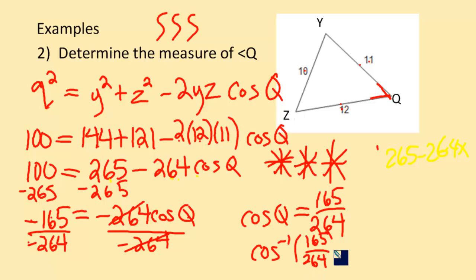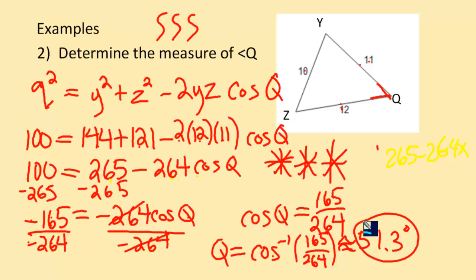By taking the inverse cosine of the fraction, I will have isolated Q in the equation. I am getting about 51.3 degrees on my calculator when I do this.